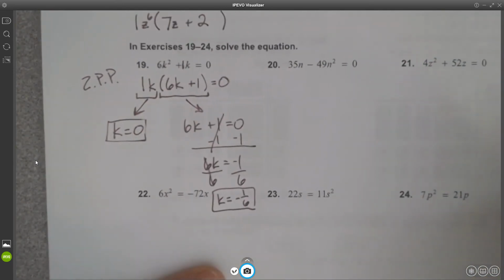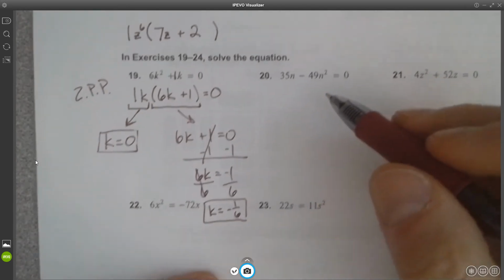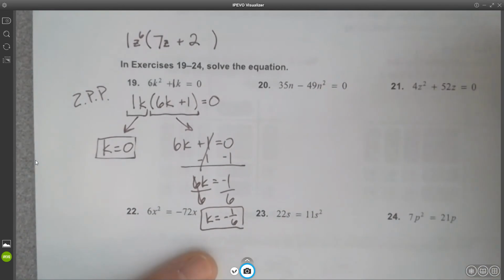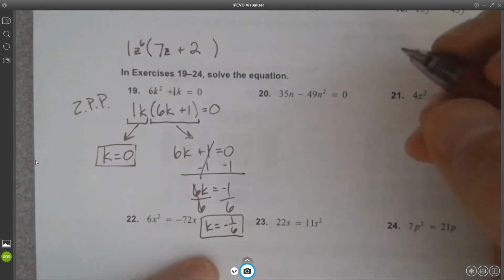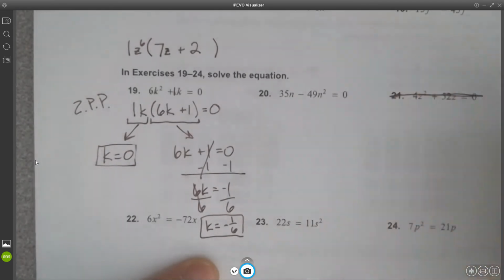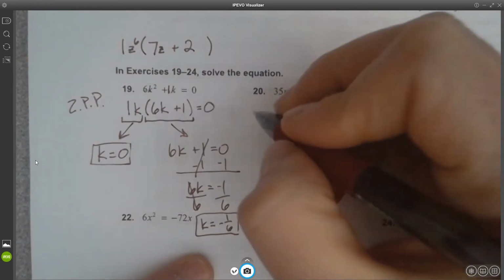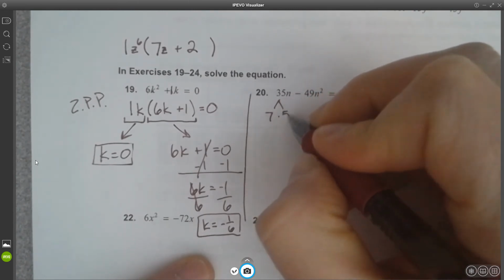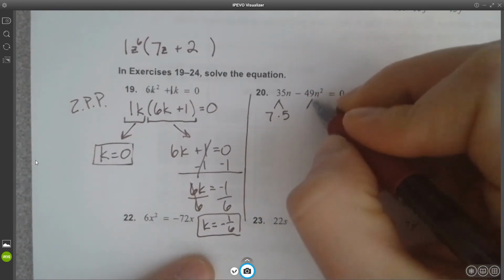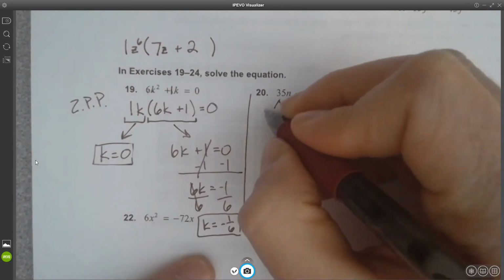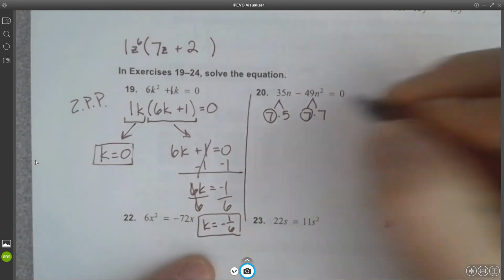When I look at number 20, 49 divided by 35 is not going to be a whole number, so I need to know what are some common factors. I'm not going to do 21, of number 20. So 35 is 7 times 5. 49 is 7 times 7. So what do they have in common? They both have a 7.